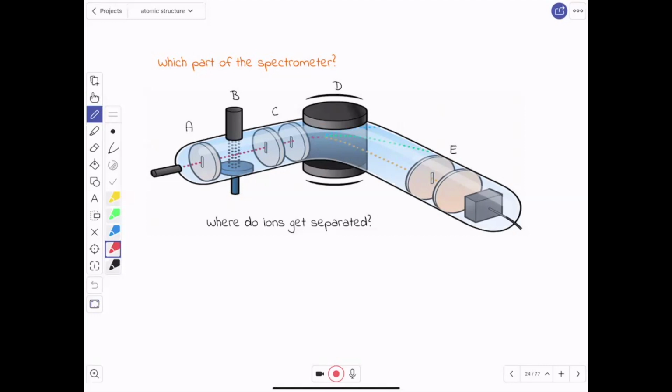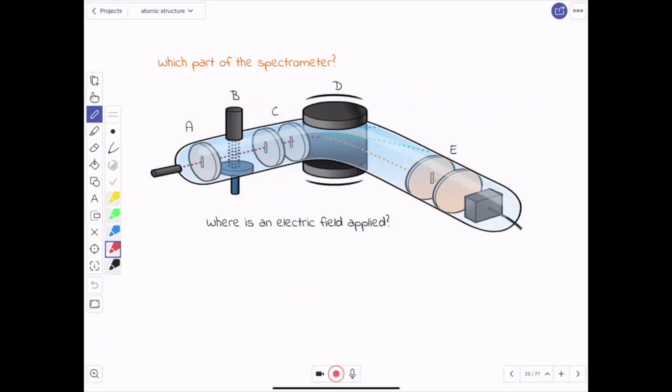B is the gun, right? B is gun. D is where we separate, the magnet. Magnet is to separate. All right. Then we got where an electric field is applied. Where do you apply an electric field? Where do you think?